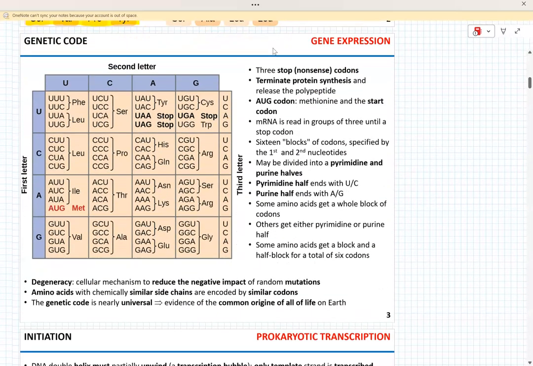Out of 64 codons, 3 are nonsense or stop codons. You can see them here. These codons signal for the termination of protein synthesis, and as a result, the polypeptide is released from a ribosome. Protein synthesis starts at the start codon, which is AUG.